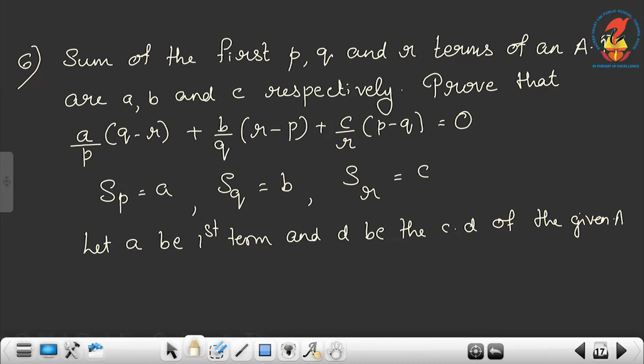Here there is only a single AP. So SP means P by 2 into (2A plus (P minus 1) into D) is equal to a.